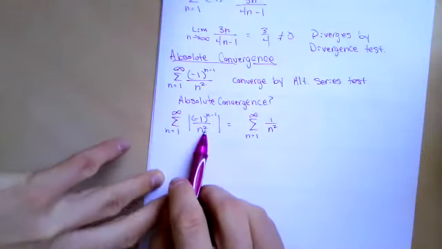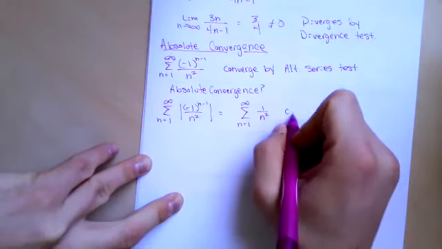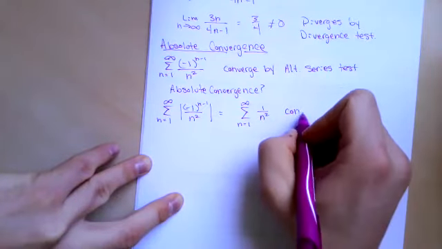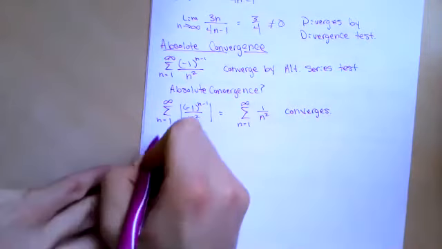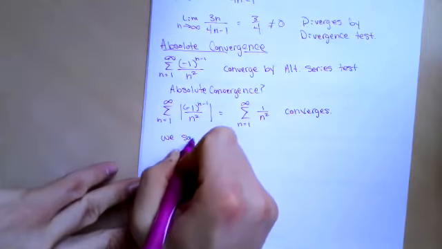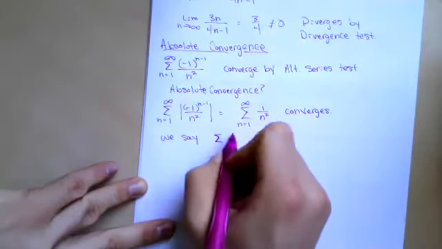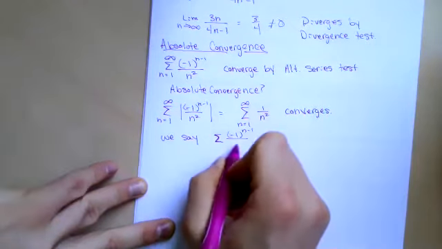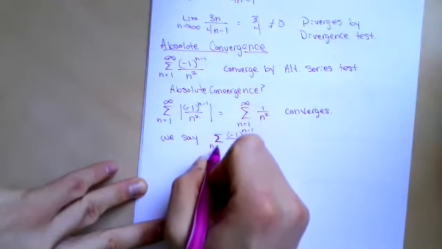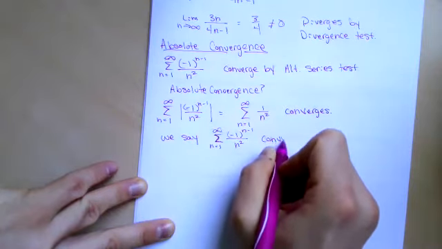So the absolute series is just 1 over n squared, which we know by the p-test still converges. And so we say that the series minus 1 to the n minus 1 over n squared converges absolutely.